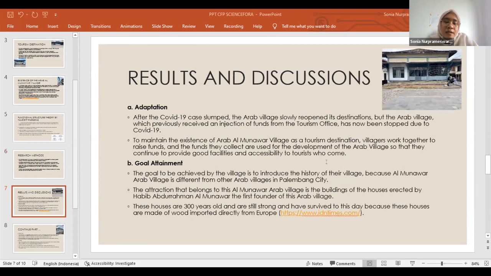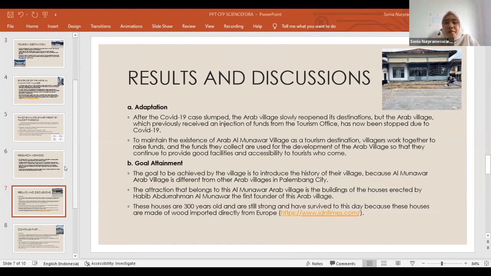Okay, the results and discussion of the study, seen from the theory. First is adaptation. After the COVID-19 cases declined, the Arab village slowly reopened its destination.